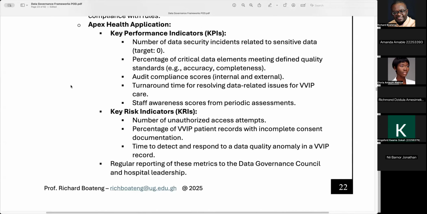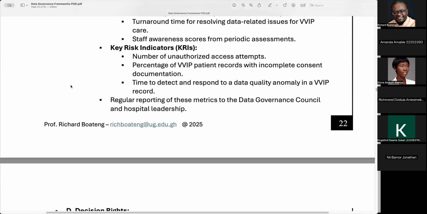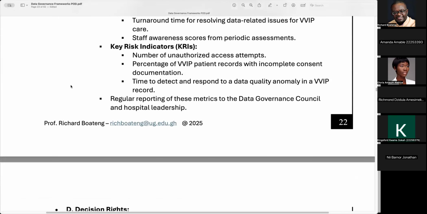KRIs, key risk indicators, would focus on potential warning signs, like the number of detected unauthorized access attempts on VVIP systems, the number of instances of incomplete VVIP consent documentation found during audits, or maybe the time lag between data entry and detection of a data quality anomaly in a critical VVIP record field. Regular structured reporting of these metrics to the Data Governance Council is essential for oversight.